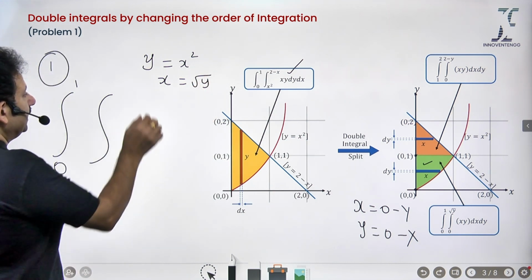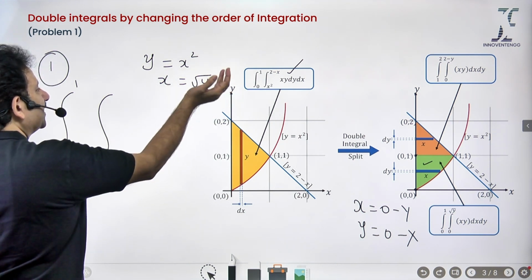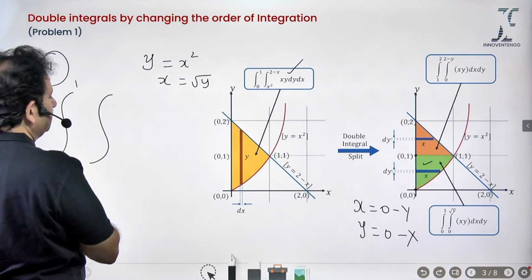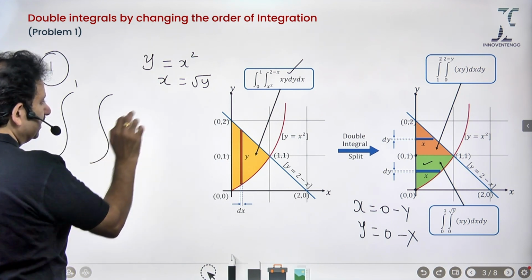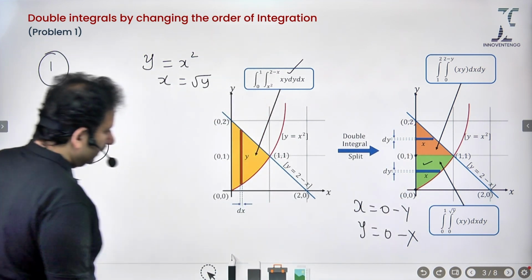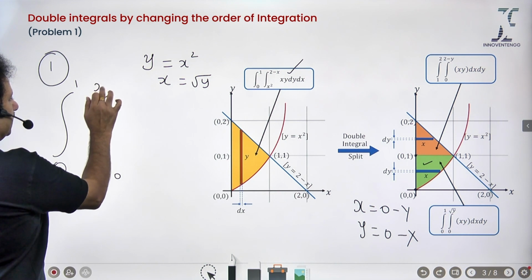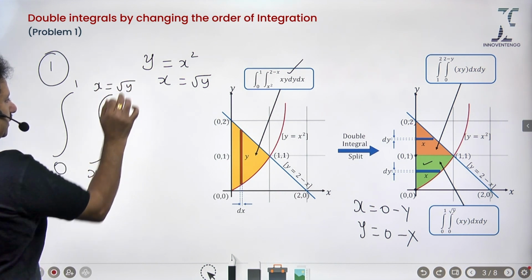That is, I need an expression for x in terms of y. I don't want an expression for x square in terms of y, because I am worried about the limits of x. So you are starting from x equal to 0, the y-axis, and going all the way to x equal to root y.